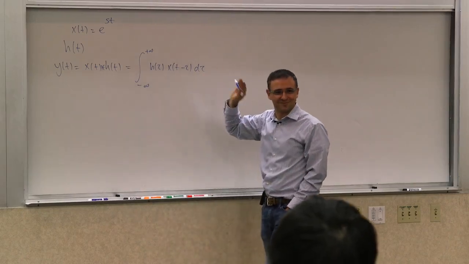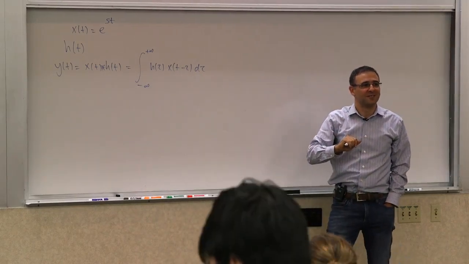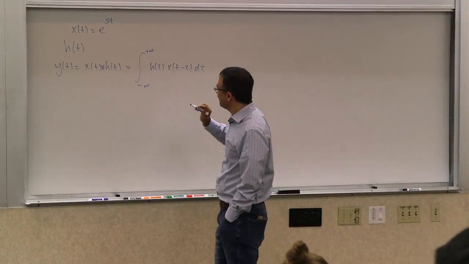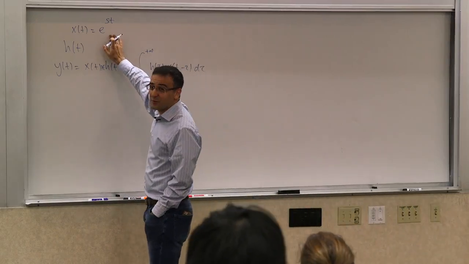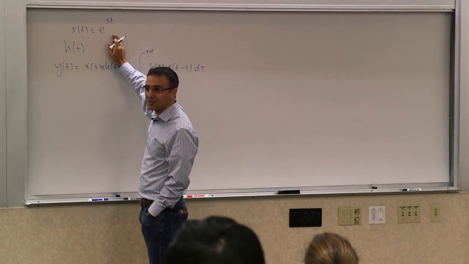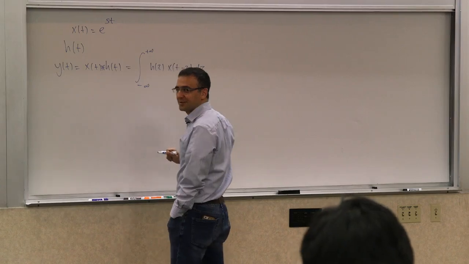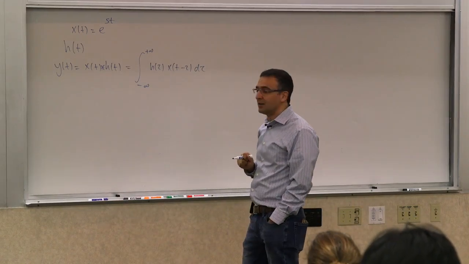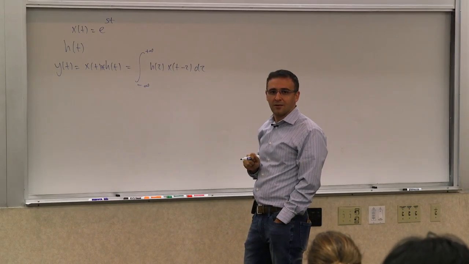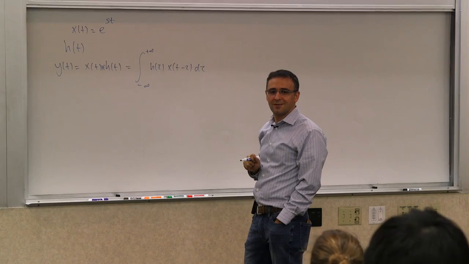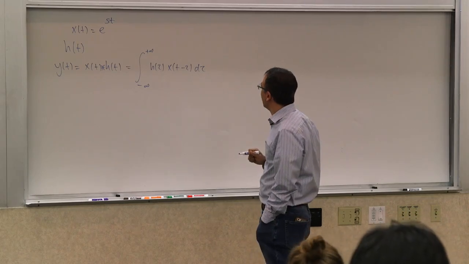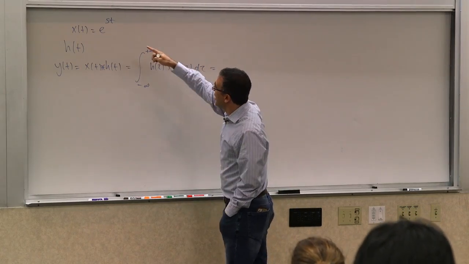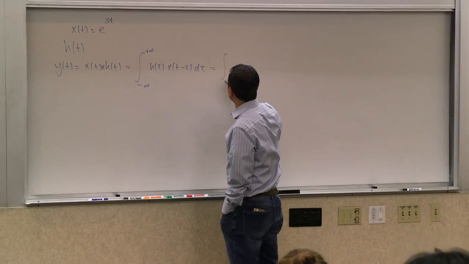This is general. So yes, this is different from what we've been doing so far in that sense. It's not a one-sided function. It's a two-sided function. All right, so now I plug that definition of x of t in there.